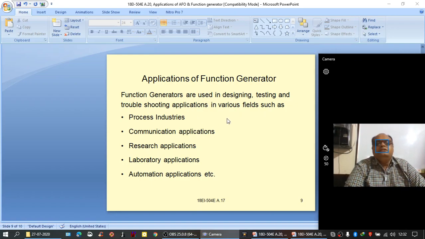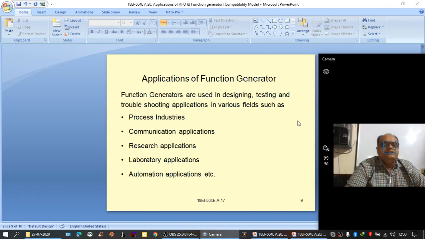And even in the design of control circuits, we need various signals, not only as reference signal but particularly in the form of clock inputs.